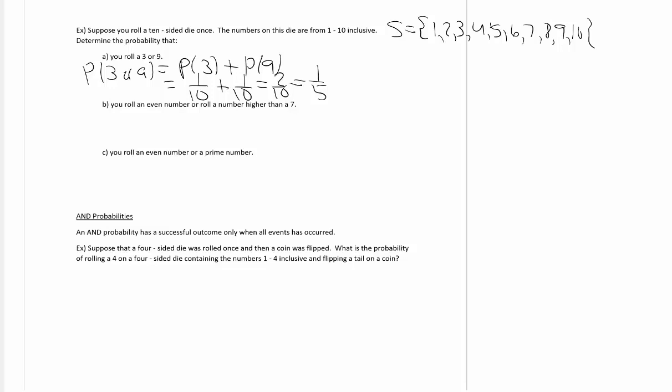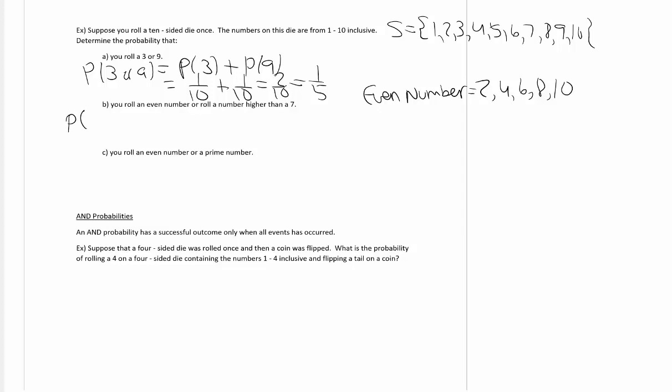Okay, let's take a look at part B. You roll an even number or you roll a number higher than 7. An even number is any number that ends in a 2, a 4, a 6, an 8, or a 0. So on a 10-sided die, your even numbers are 2, 4, 6, 8, and 10.